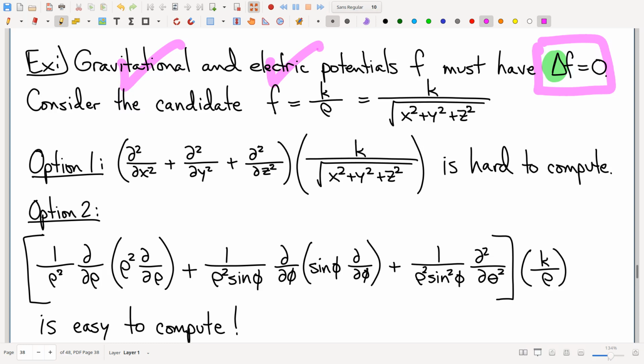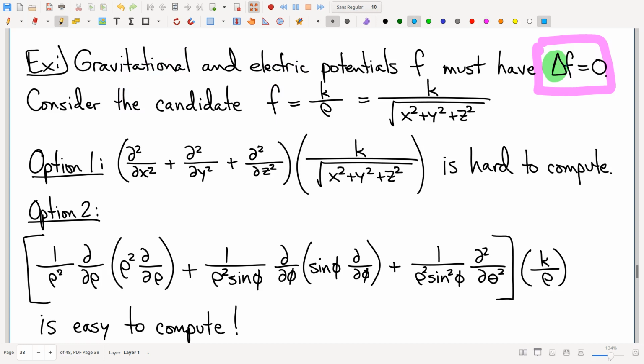And if you're not interested in gravitational potentials and fields because you figure you're going to live your life on planet Earth, okay, but electric potentials, very important. In engineering, it's electric fields all over the place. Can't get away from it. All right, so very important equation.